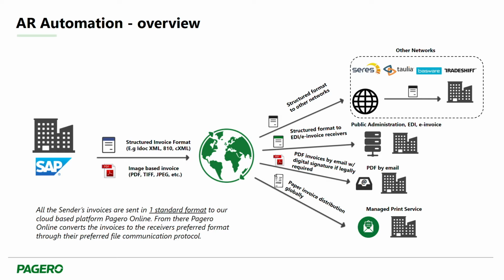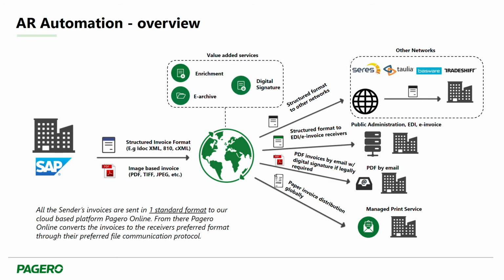But the process remains digital between you as a supplier and Pagero Online. And at Pagero, we work proactively to move the printed or PDF invoices to becoming true e-invoices as the network grows.